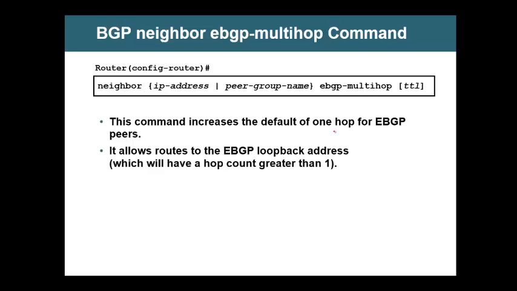But for IBGP, the outgoing TTL will be 255. For IBGP, there is no restriction like directly connected. There is no constraint to be directly connected. But for eBGP, the constraint is it needs to be directly connected. When it is seen as a directly connected network in the routing table, then the packet will go out with a TTL of 1.